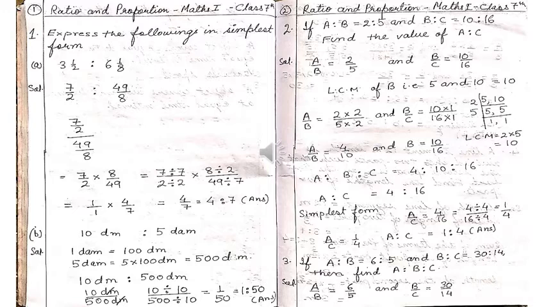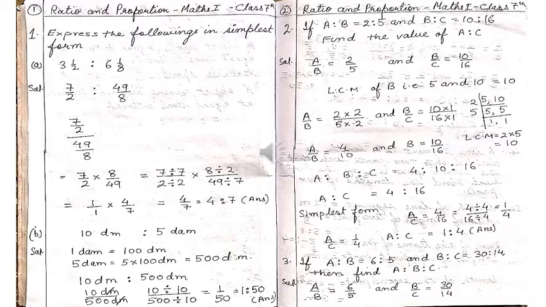Now question number 3. If A is to B is 6 is to 5 and B is to C is 30 is to 14, then find A, B, C. Here all three you have to find. Above it was asked A and C, here all three proportions.